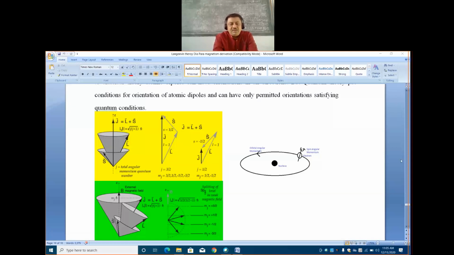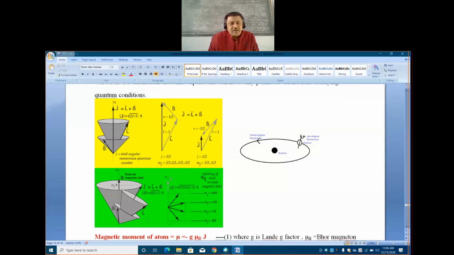Now when an atom is placed in a magnetic field, we have an additional precession or additional orbiting of the J vector along with S and L. The S vector is orbiting here, the L vector is orbiting here, and their resultant J, which is L plus S, also precesses or orbits around the Z axis, that is the direction of the external magnetic field B. The projection of J on this field is called Mj.